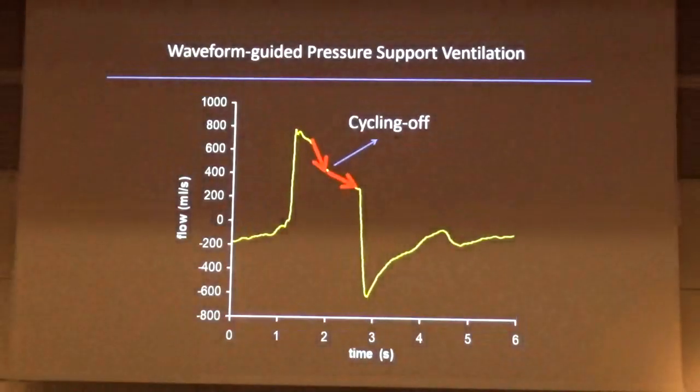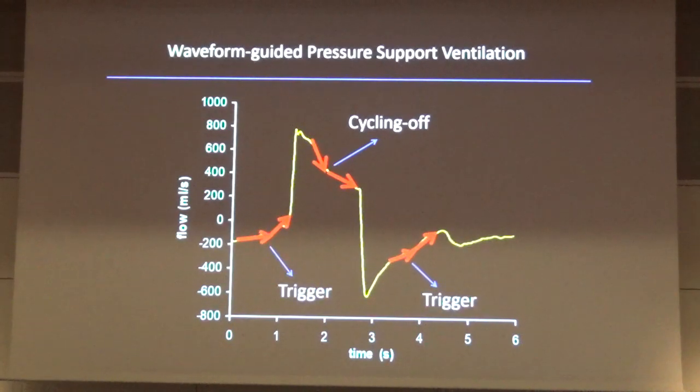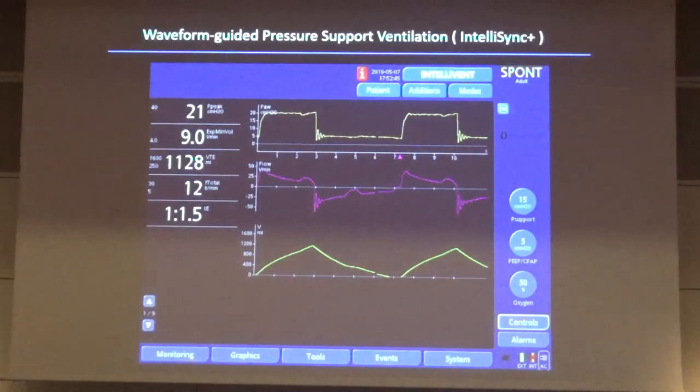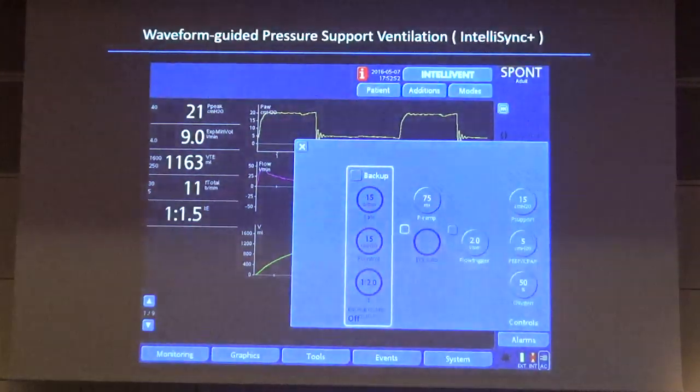So to further improve synchronization in these difficult cases, we have to move from thresholds to waveforms. In other words, we have to ask the ventilator to open the inspiratory valve as soon as this positive deflection of flow is detected by the ventilator. This is a simulated COPD obstructed patient with very prolonged late cycling and ineffective efforts.